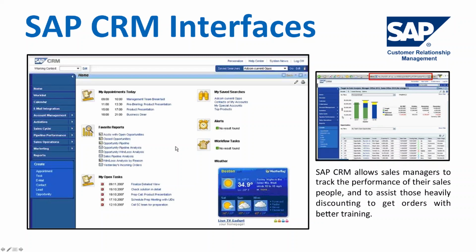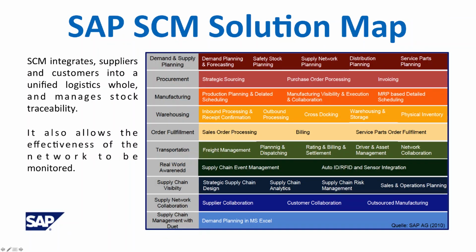SAP CRM is being replaced now by something called SAP C/4HANA. So customer experience for HANA is really what it is, HANA being the underlying very fast database. Supply chain management does things like sales order processing, billing, purchase order processing, service parts planning, supply chain risk management, and you could drill down again into any of those features.